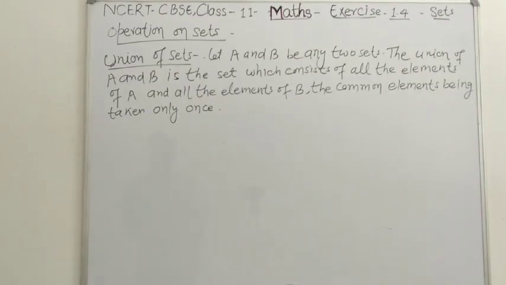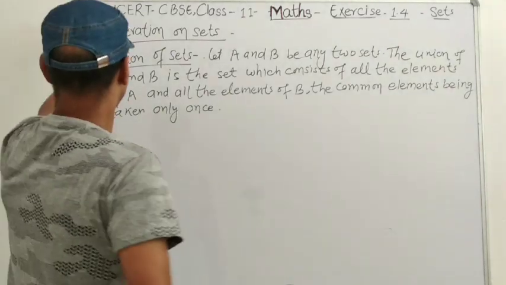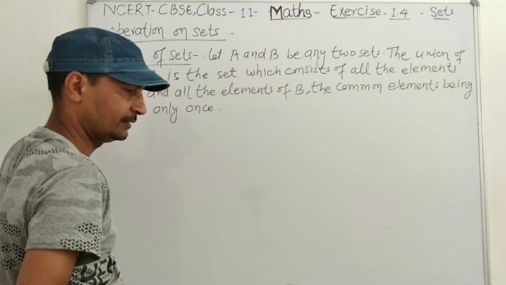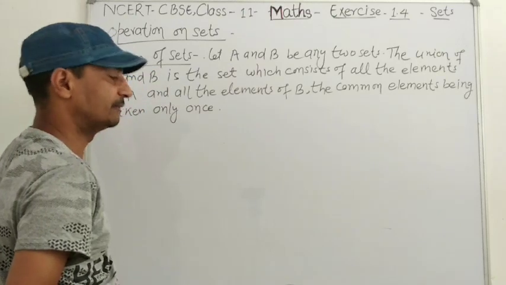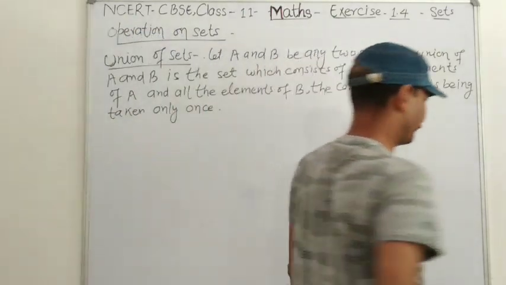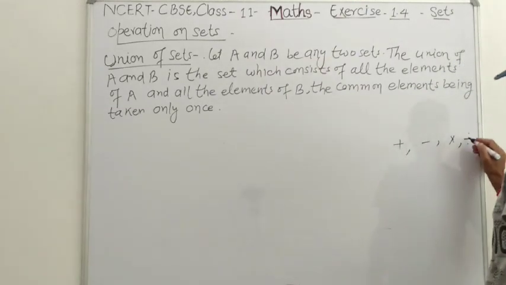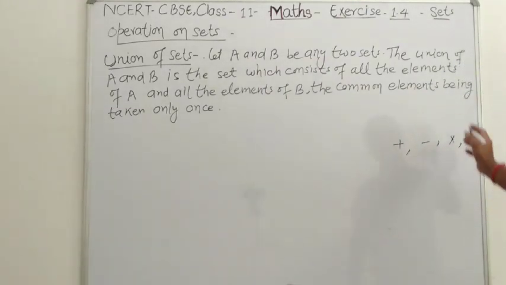Now next we see operations on sets. In mathematics there are 4 basic operations: plus, minus, multiply and divide. These are known as basic operations. And what is an operation on sets?